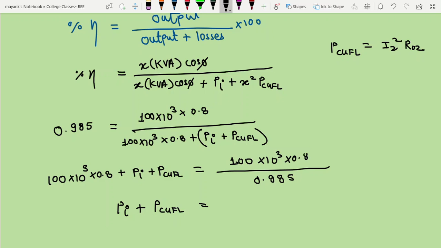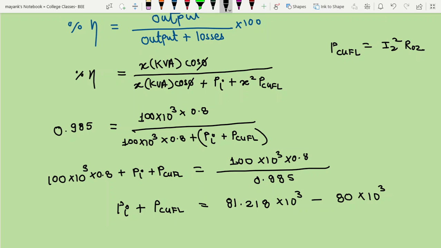So 100 into 0.8 will be 80. So 80 divided by 0.985. So this becomes 81.218 into 10 raised to the power 3. And then minus this data, this is 80 into 10 raised to the power 3.